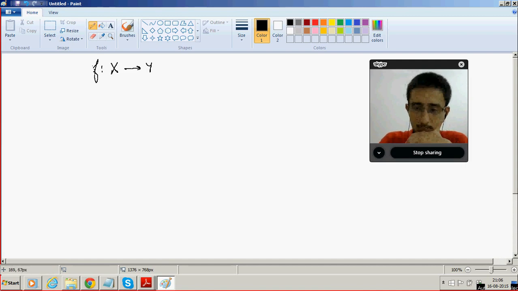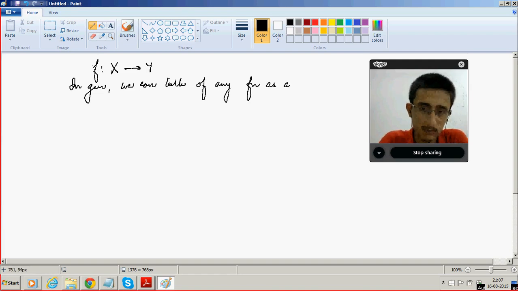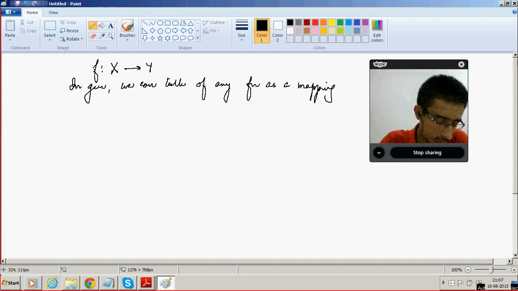But in general, what I wanted to emphasize was that we can talk of any function as a mapping from a set of points to another set of points.